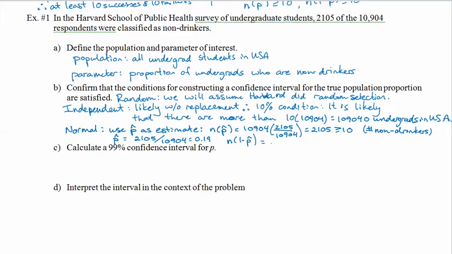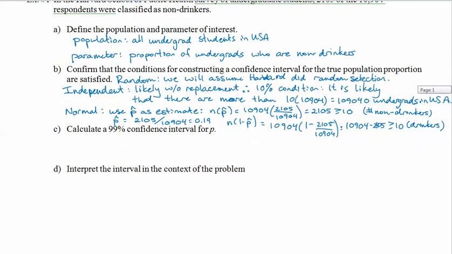Once again, you're going to go 10,904 times 1 minus 0.19, or 2,105 over 10,904, which, if you work it out, is the total number minus the number of non-drinkers. 8,799, and that of course is also greater than 10. So that would be the drinkers.